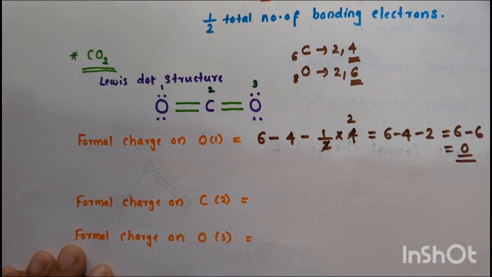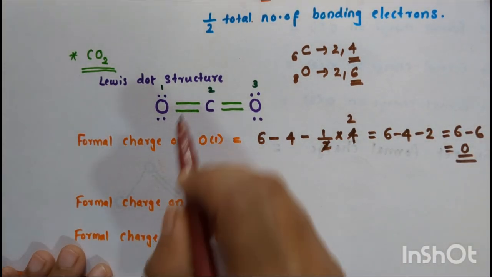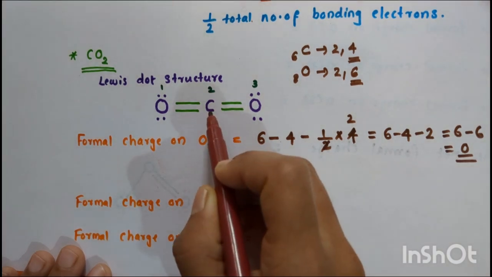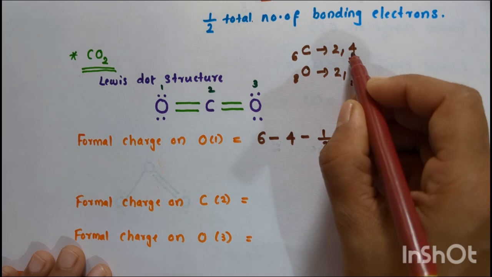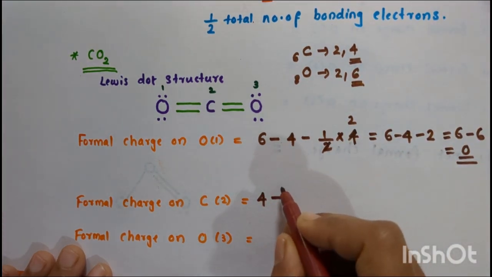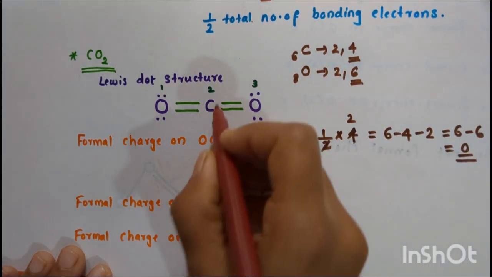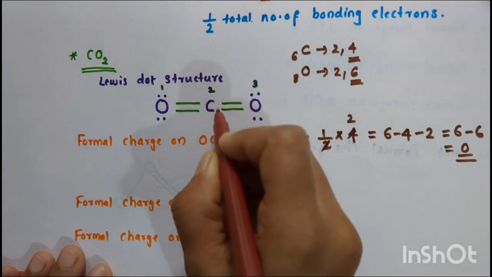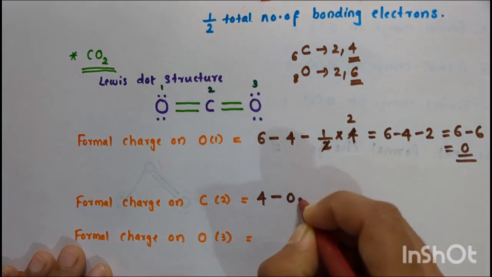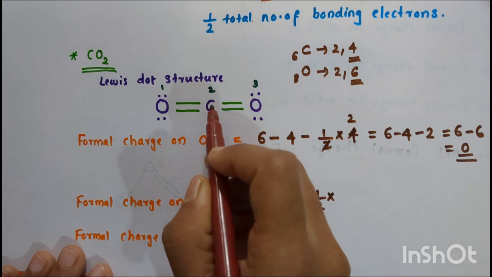Now, let us find the formal charge on the carbon atom numbered 2. The formal charge is the number of valence electrons in the free carbon atom, which is 4, minus the number of non-bonding electrons. No non-bonding electrons are given here, so 0. Then minus half of the number of bonding electrons.